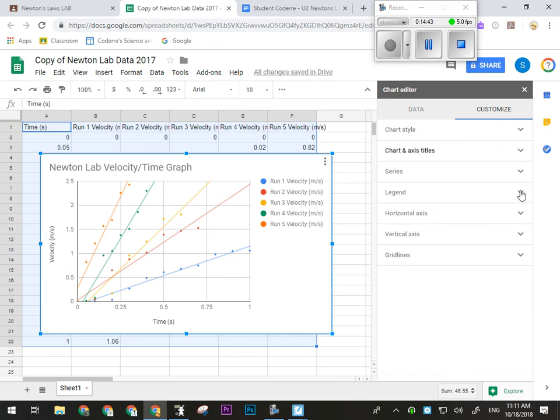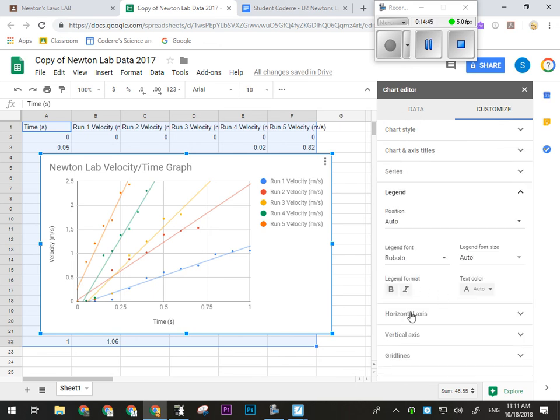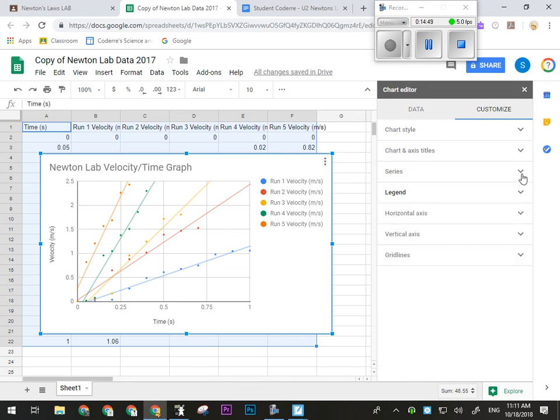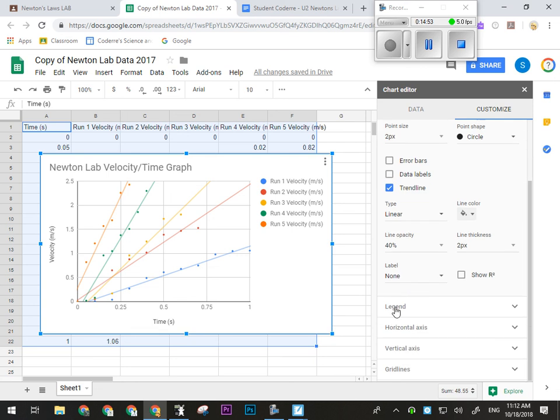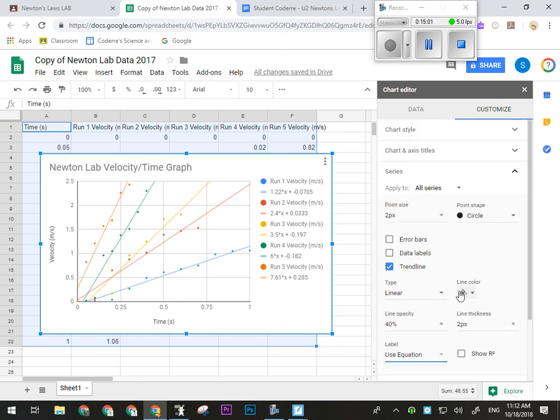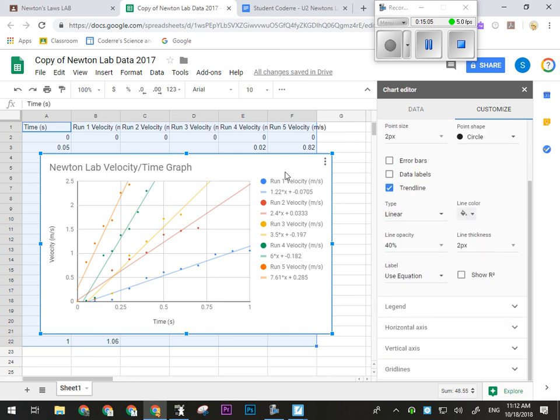Then I'm going to go to the legend. Actually, the legend's fine. I need to go to series, and down here where it says label, I want the equation for each run. Like so, and then I'm good to go.